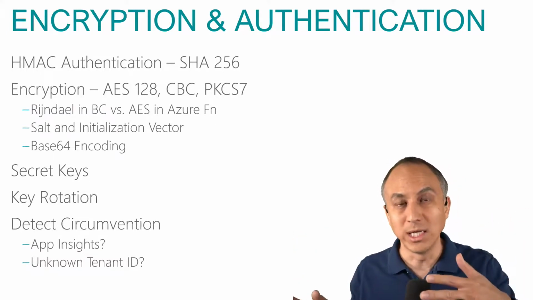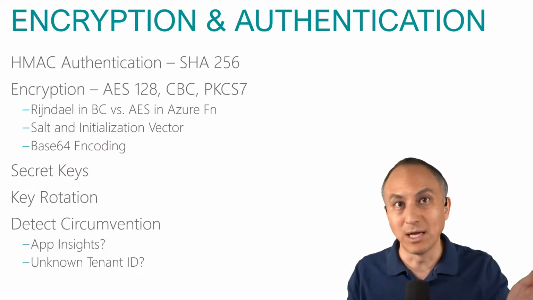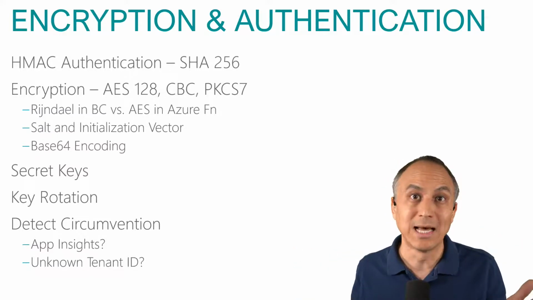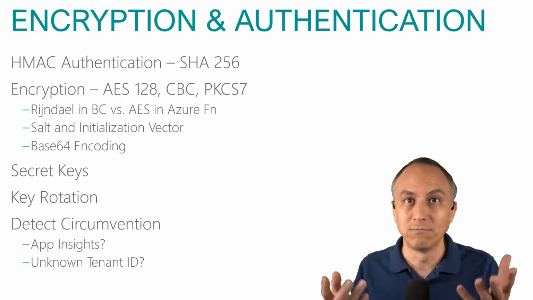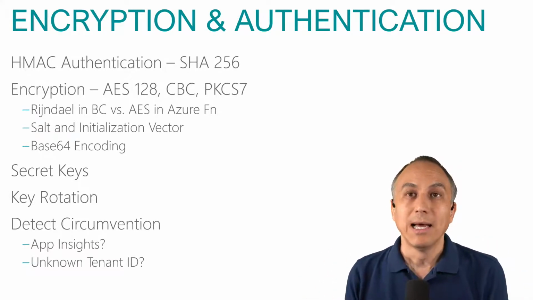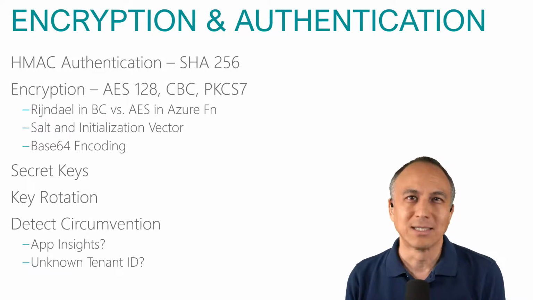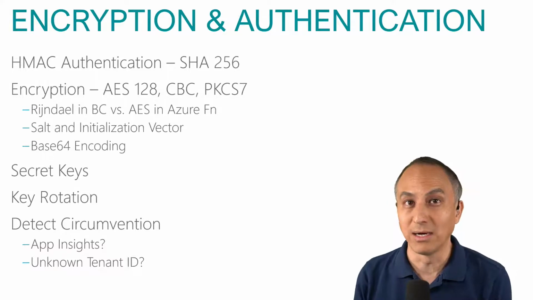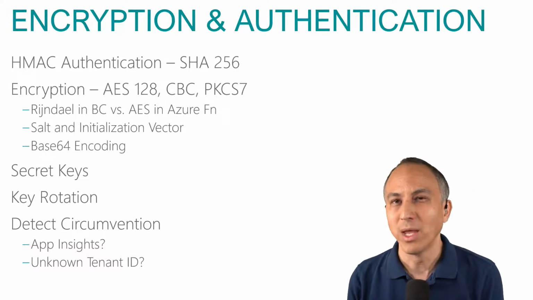We're going to have to reissue license keys. We're going to have customers upgrade. So what does that look like in case we have a known breach of our encryption? And if someone circumvents this and uses a Business Central application without a valid license or subscription, can we detect this?